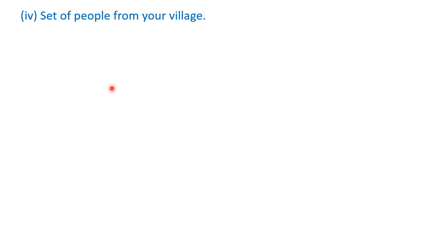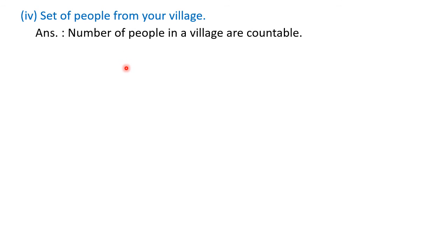Next, the fourth one, set of people from your village. Generally the people who are staying permanently in a particular village, it is constant. Means what? It is not happening that one day one person is staying and the other day he is leaving. It is not possible. So here we can count the number of people in the village, and therefore we can say that it is a finite set.